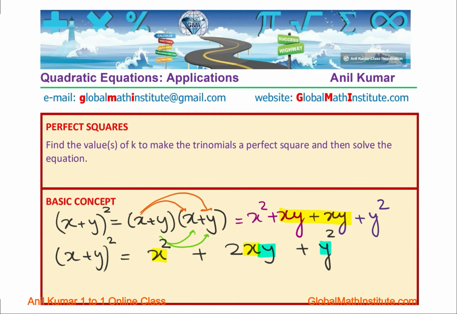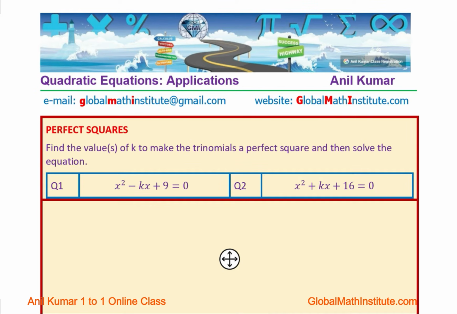So let's begin by taking them one by one. The very first one here is x square minus kx plus 9 equals 0. Now x is given as x square, that's perfectly fine. And 9 is what? 9 is 3 square.